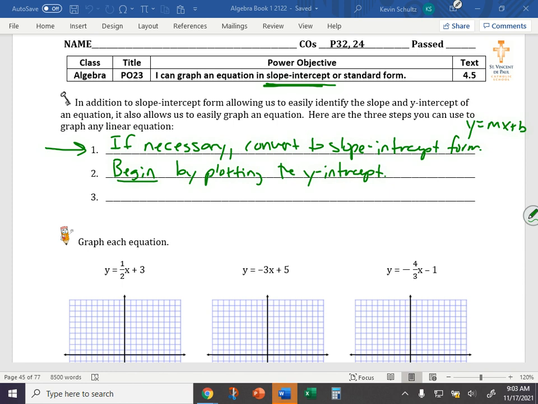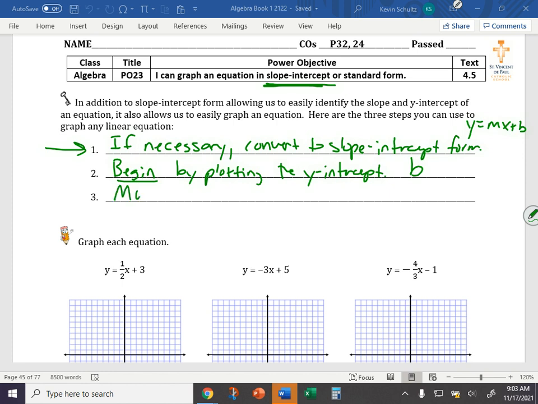Think about slope-intercept form. Think about the Y-intercept. Easier to remember because they both start with B. Ah, that Y-intercept point is the B variable, right? That's where you begin. You begin with that Y-intercept point.